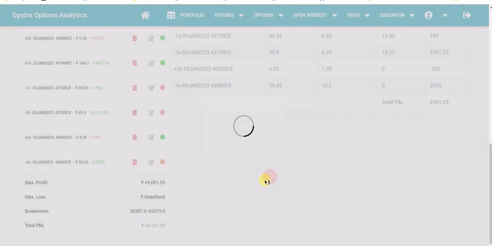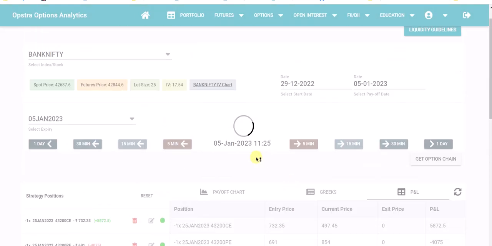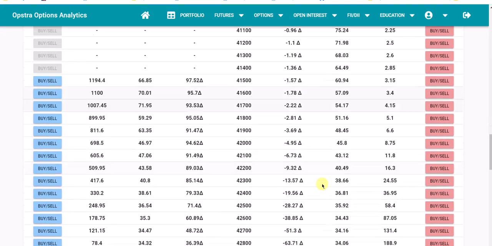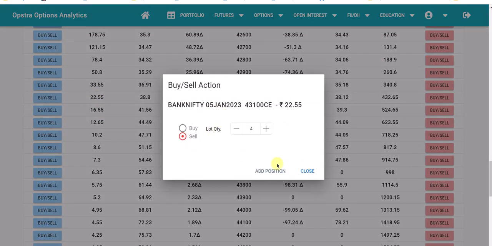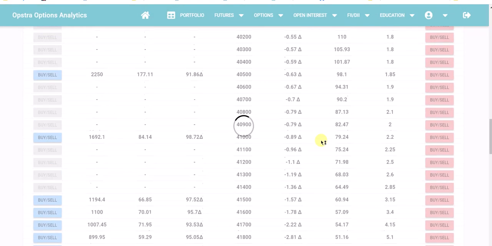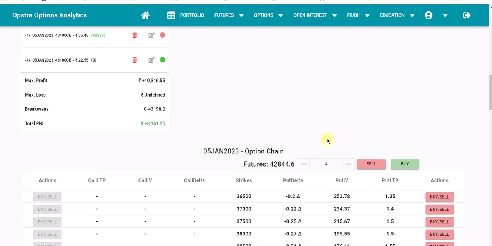0.2. So what's the time now? I think 11:25. We still have time. So let's come closer, somewhere around 25. Sell these positions. I'm not telling the exact price here. So 1 day left.